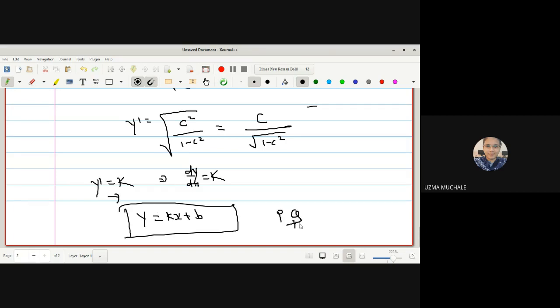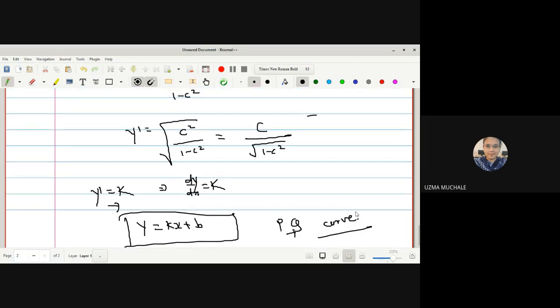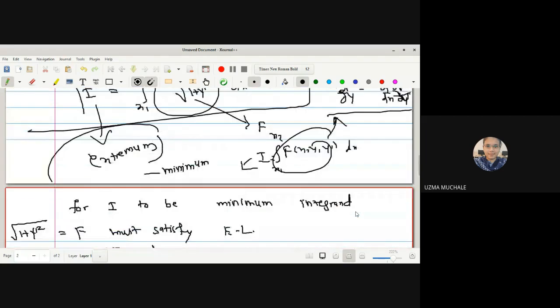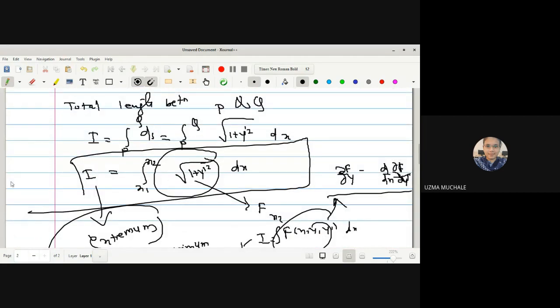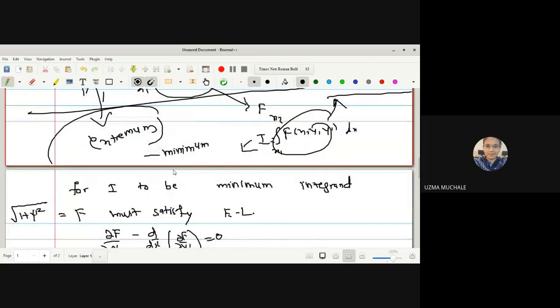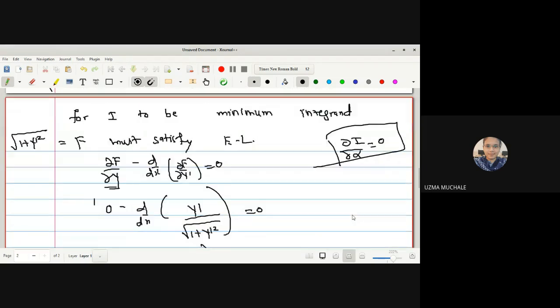So whatever curve from P to Q we have imagined for I to be extremum, what is the condition on that curve? Because of this condition itself we have found that for I to be extremum, the integrand f must satisfy the Euler-Lagrange's equation. If you remember, we found ∂I/∂α equal to 0, first derivative equal to 0, then we check the second derivative, whether it is greater than 0 or less than 0, then we find the maxima or minima.